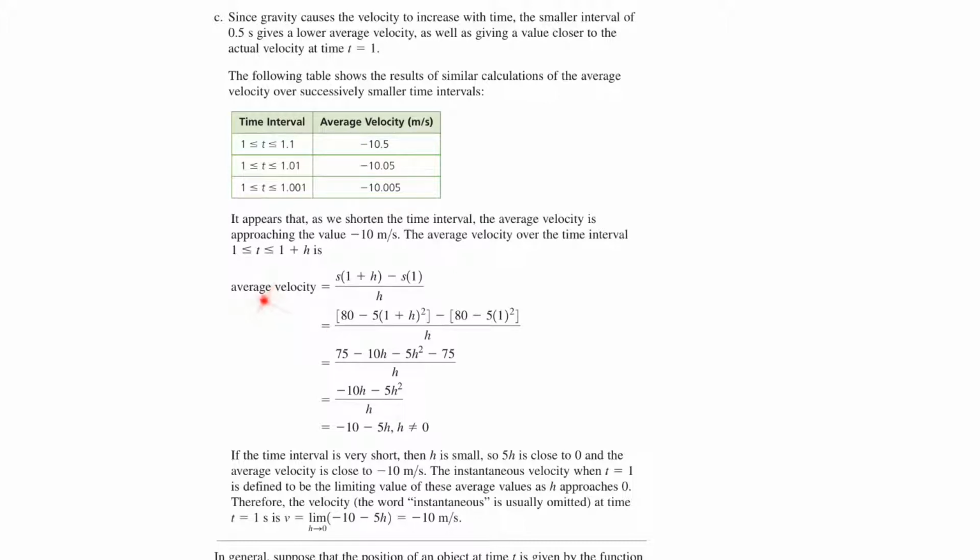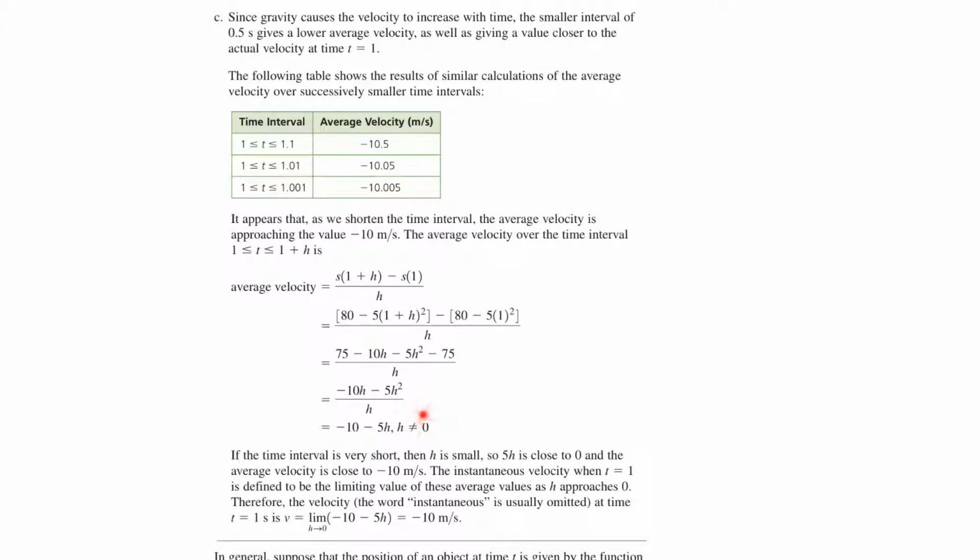If we find the average velocity of the pebble between 1 and 1 plus h, when h is really small, the average velocity is the same as instantaneous velocity. s of 1 plus h minus s of 1, over h, can be simplified as minus 10 minus 5h. h is not 0.